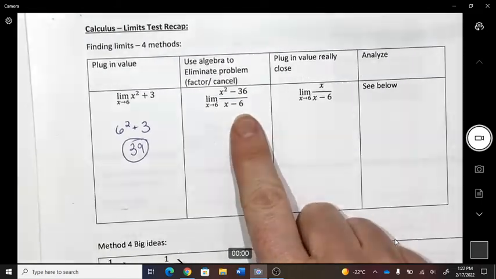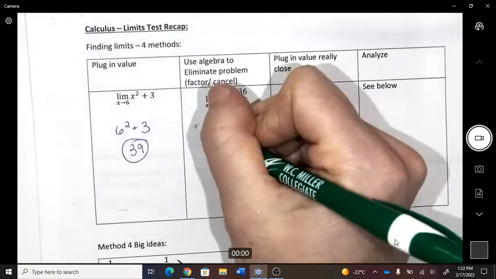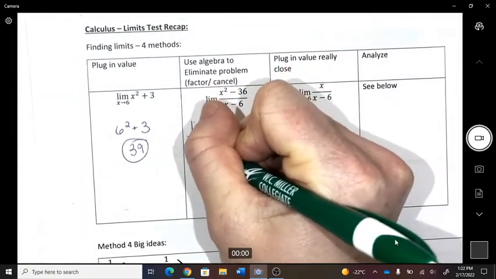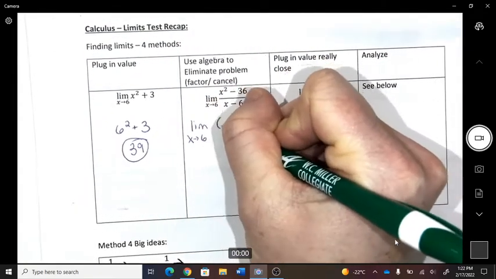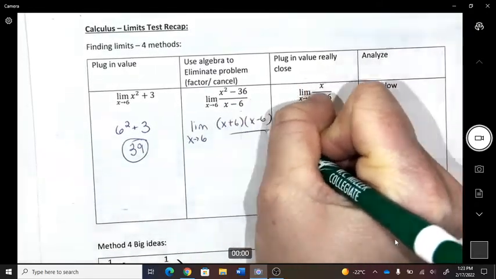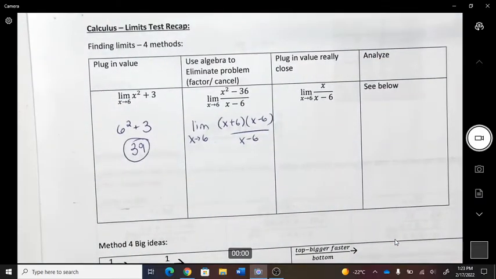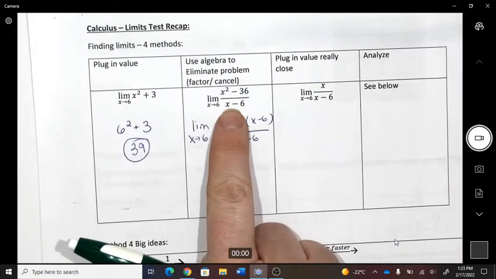Okay, number 2. If I look at this, this would be one I would probably try to factor. So the limit as x approaches 6, on the top I can see a difference of squares. Okay, you could see that I can't plug 6 in, right?